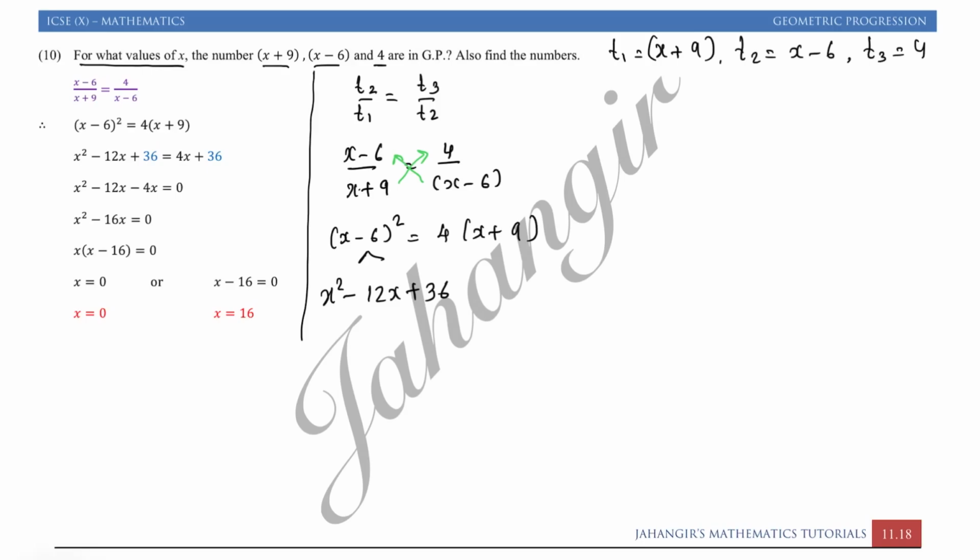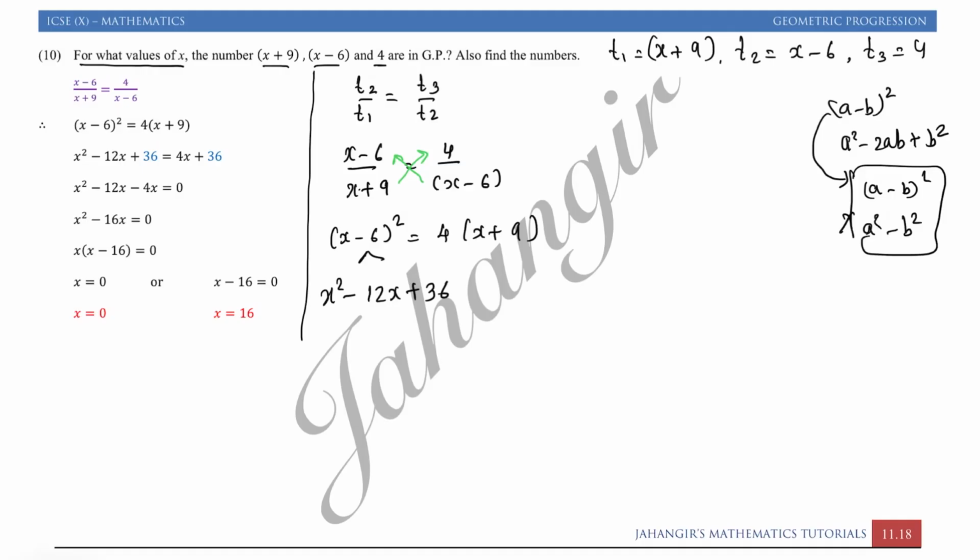We had used the a minus b whole square identity, that is equal to a square minus 2ab plus b square. In 10th standard still many students are making this mistake. I just noticed in tests, whenever you get this type of pattern, students are just writing a square minus b square. This is the wrong way to put the identity. Just note down.